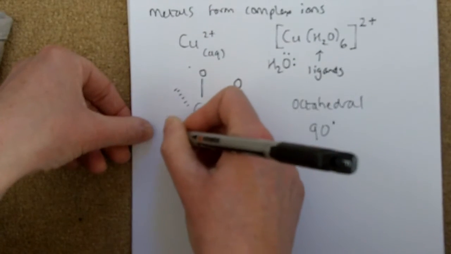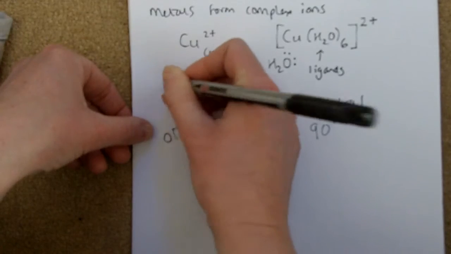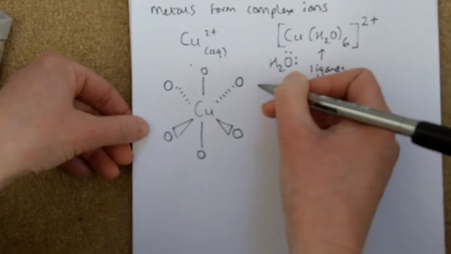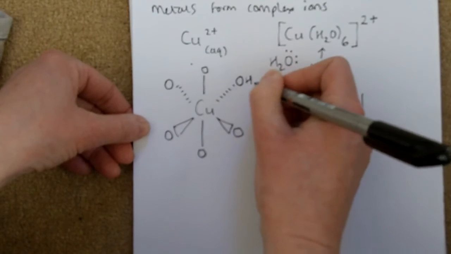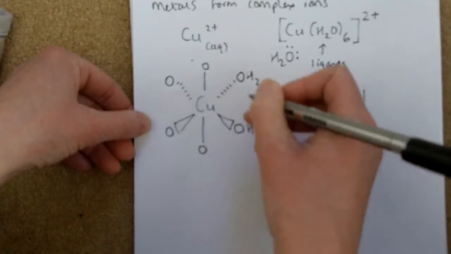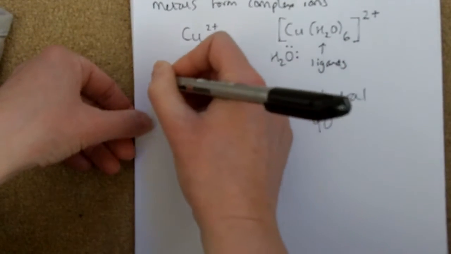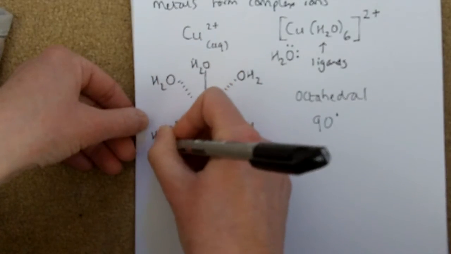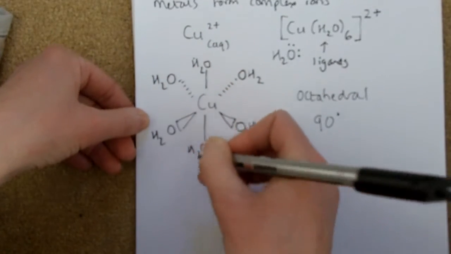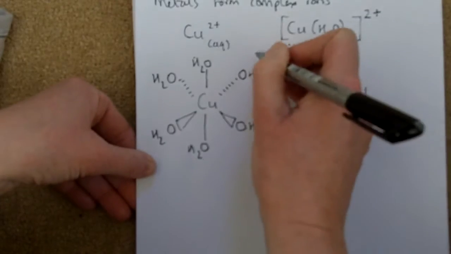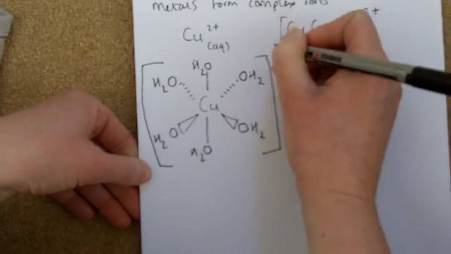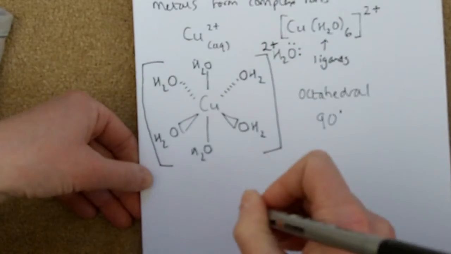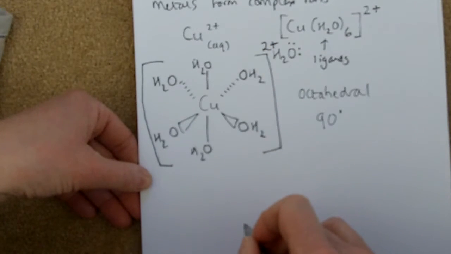Then the H2 just gets filled in around like that, an octahedral shape, and then you put your square brackets round, which denotes a complex ion, and the charge 2+, and that is a complex ion.